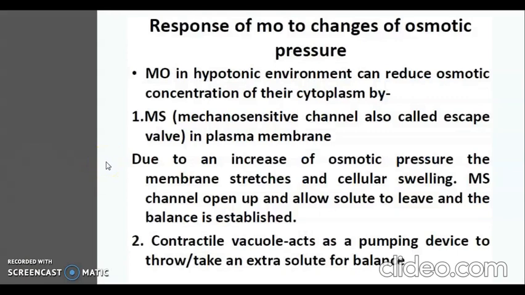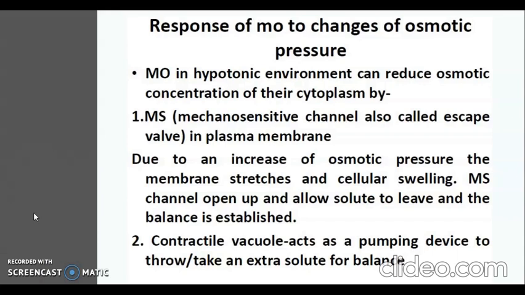When placed in a hypotonic environment, the bursting is prevented by various mechanisms adopted by the microorganism to reduce the osmotic concentration within the bacterial cell. For this, some bacteria have mechanosensitive channels to escape the adverse effect of the hypotonic environment. When a bacterium is placed in a hypotonic environment, its plasma membrane stretches due to cellular swelling.